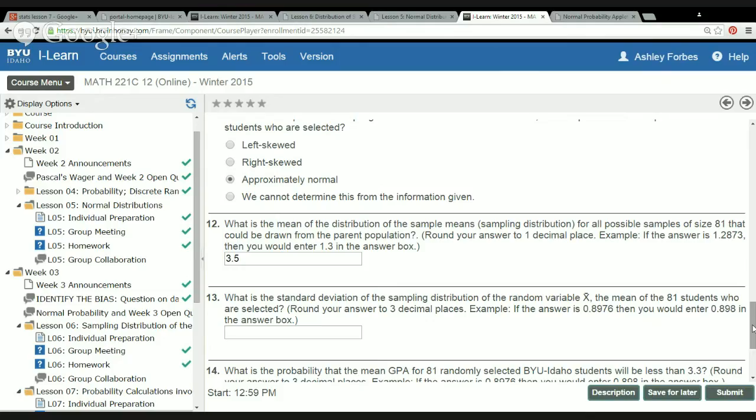Oh! So would it be 0.07 over the square root of 81? I think that's what I'm going to do, because that's the only thing that makes sense. Yeah, that's what I'm going to do.